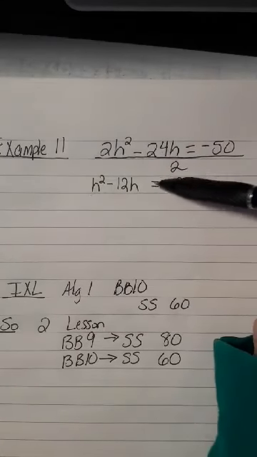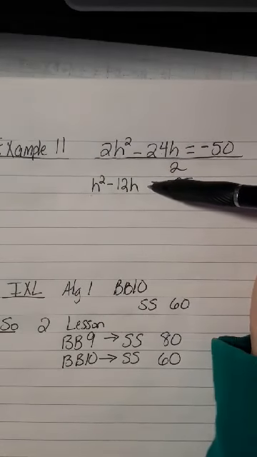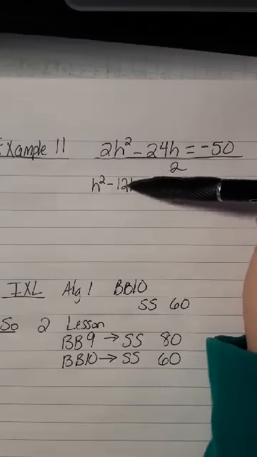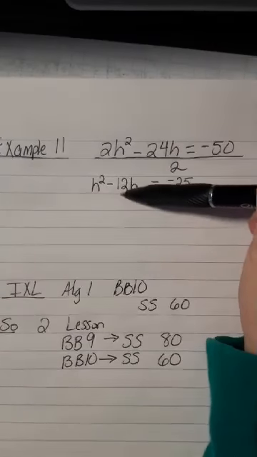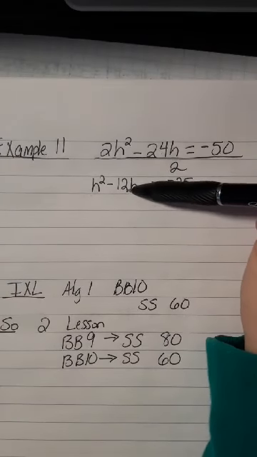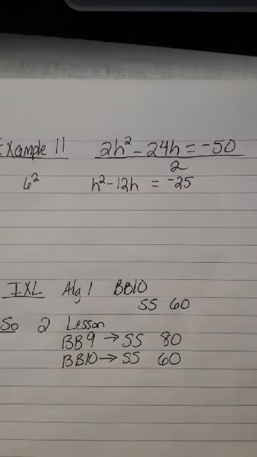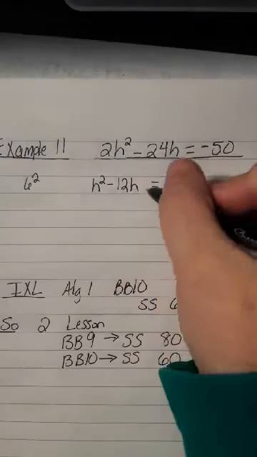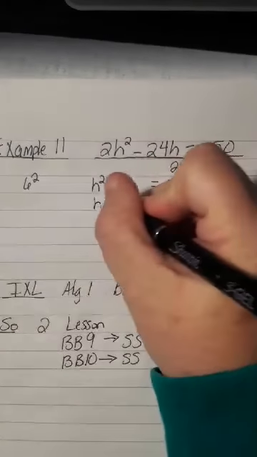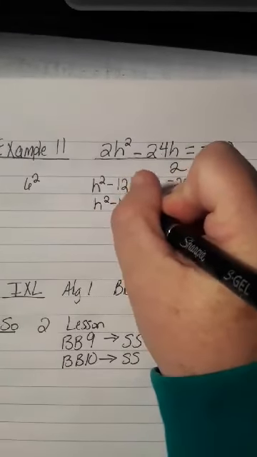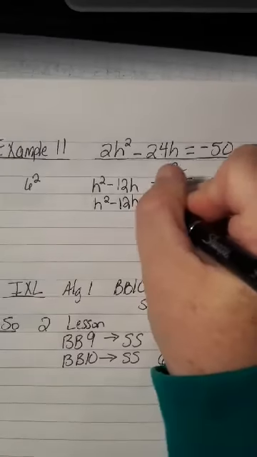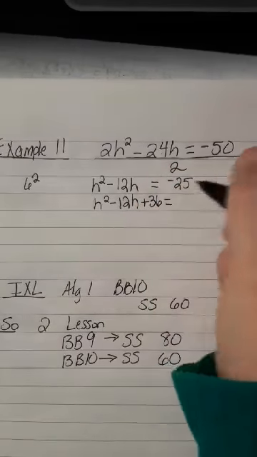remember we want to complete the square on this left side. So you half the 12 and square it. Half of 12 is 6. And then you square the 6, which is 36. So that's what I'm going to put at the end. It's going to be h to the second minus 12h plus 36 equals.